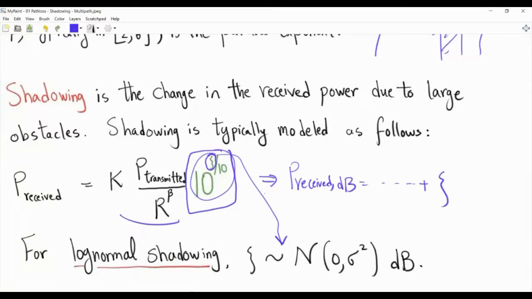Okay, so it is written like this so that if you measure your powers in dB, then the shadowing effect will be an additive random variable. And again typically it's taken as a zero mean Gaussian with some variance, and this variance again is one of the parameters like beta and k that can be obtained using measurements and fitting.